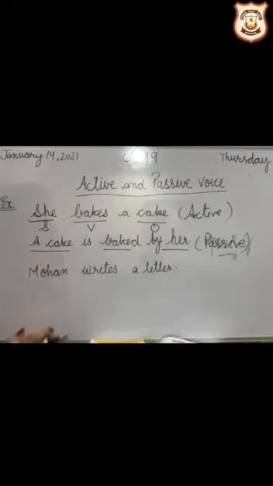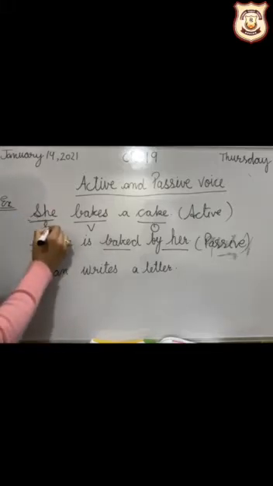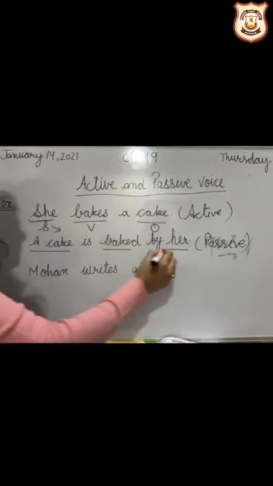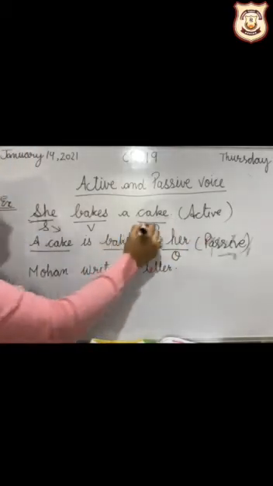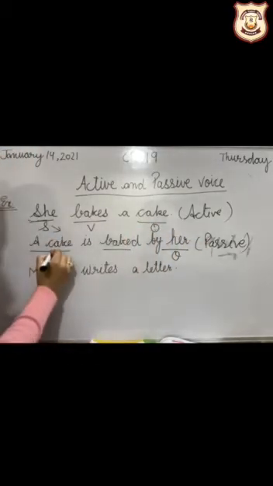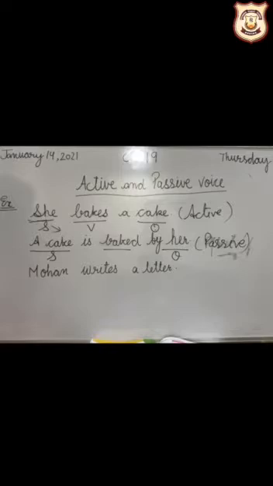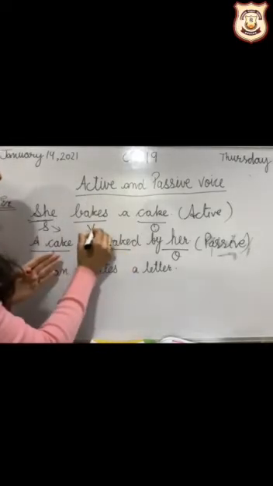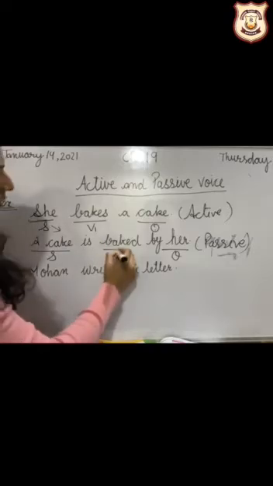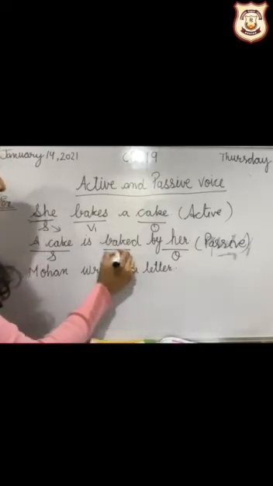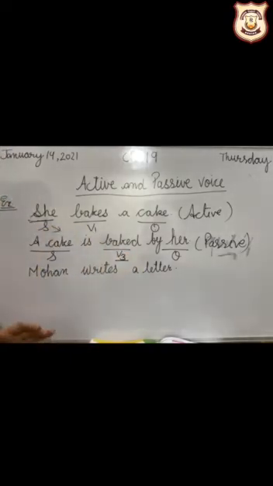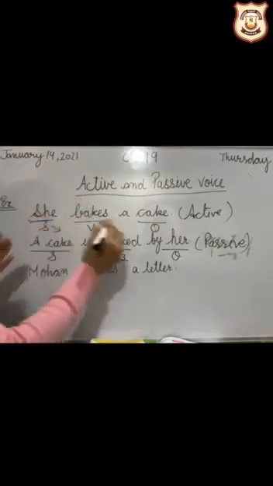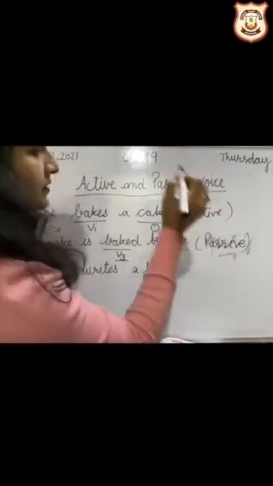But what I have done is, I have converted this subject into object and this object into subject. Simple. And this V1 is converted into V3. So what you need to do is convert active voice into passive voice.